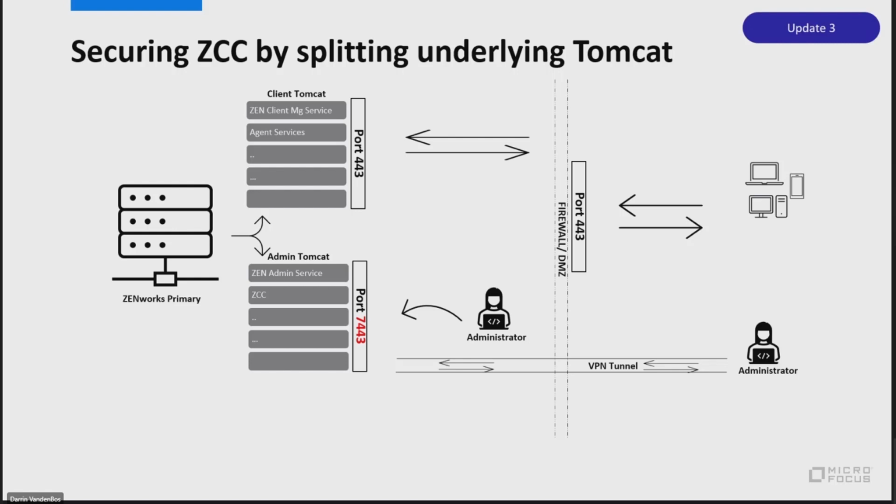You could decide that you don't want port 7443 exposed, and that your administrators need to use a VPN to get in, which is not really what you want to have happen with your end users. You want your end users to be able to hit port 443 and come through. But administrators are different.